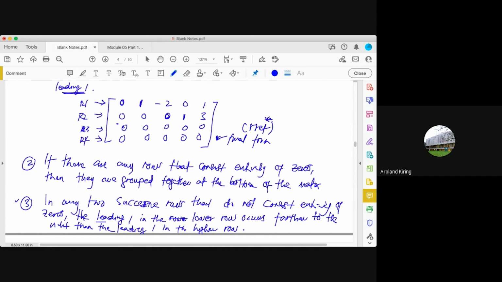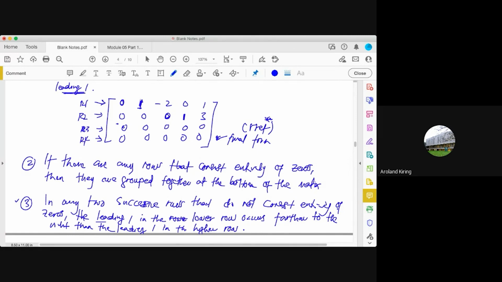So you got your leading one here for row 1, and you got your leading one here for row 2. Okay, so if you group row 1 and row 2, you need to make sure that the leading one on the top of the matrix is located furthest to the left compared to the leading one on the row at the bottom.